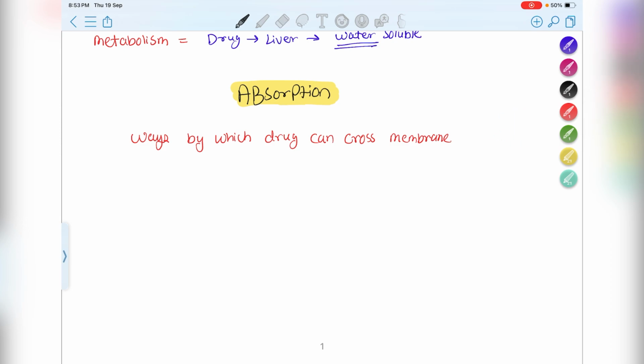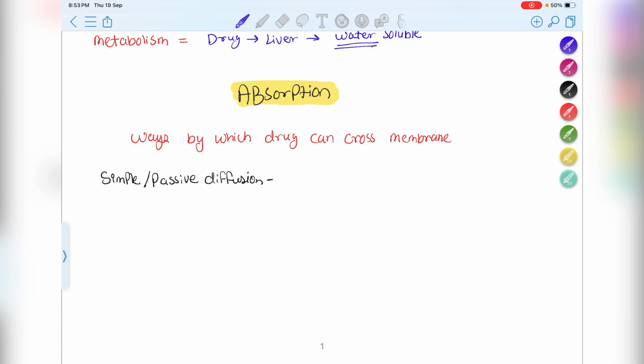Okay, the first one is simple or passive diffusion. As we know, the cell membrane is made up of phospholipids, right? So they are lipophilic. What it means is the lipid soluble drug will cross easily.